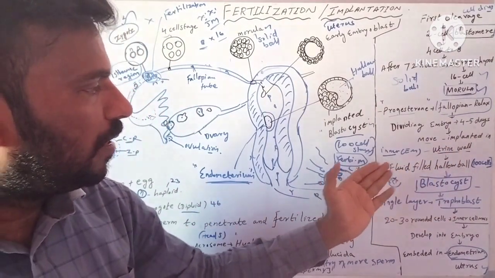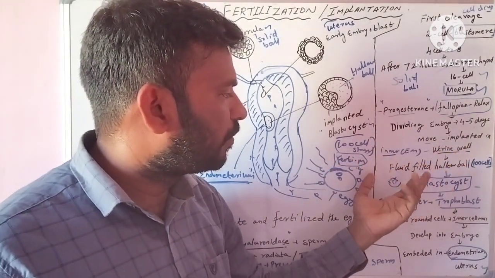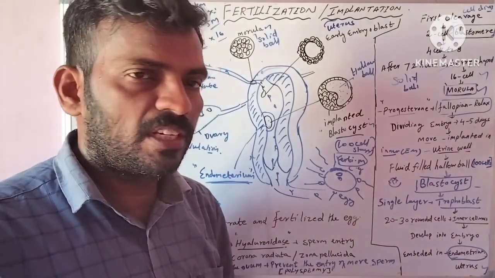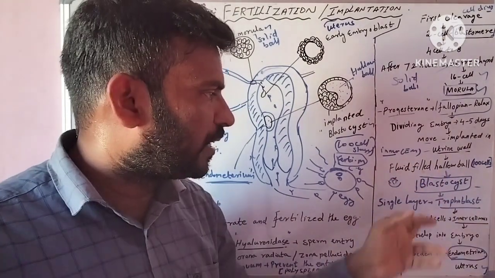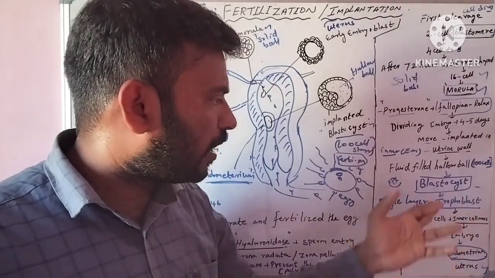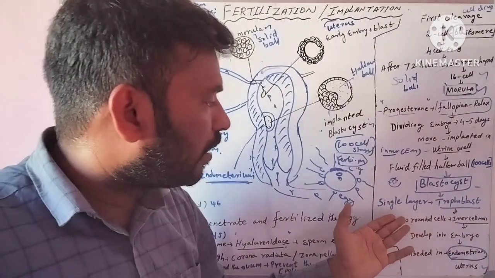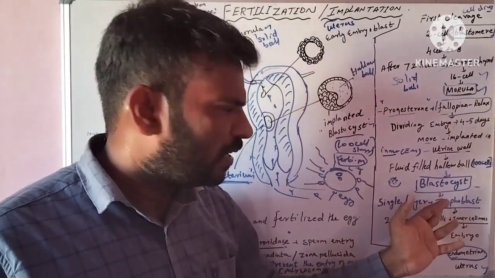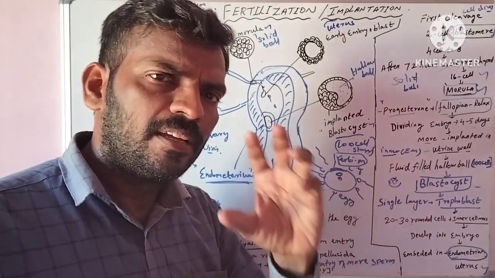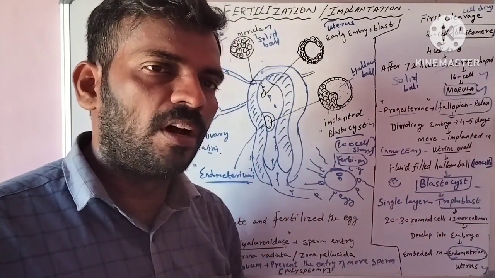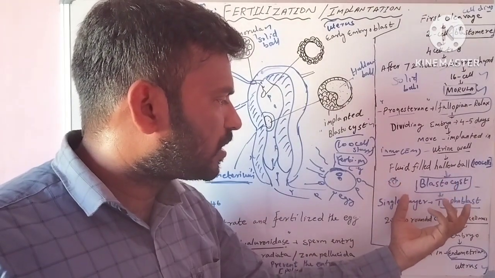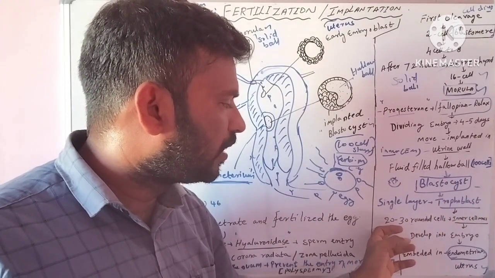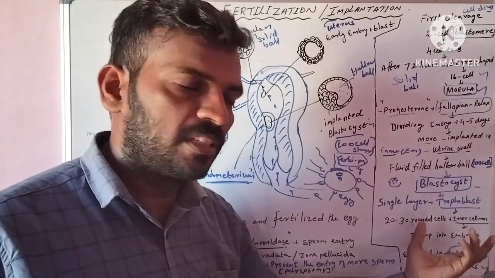Okay, implantation into the uterine wall. At that time a fluid filled hollow ball-like structure develops, that is called a blastocyst. The blastocyst stage produces a single layer called the trophoblast. The trophoblast has high affinity with the uterine wall. The trophoblast layer contains 20 to 30 round cells called the inner cell mass.